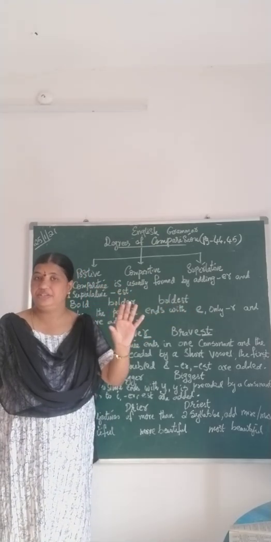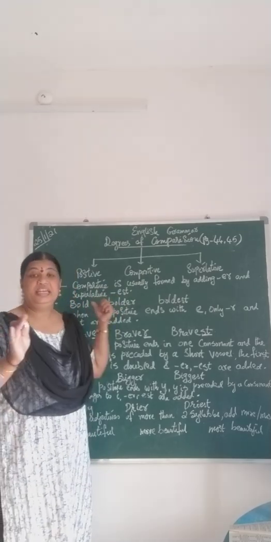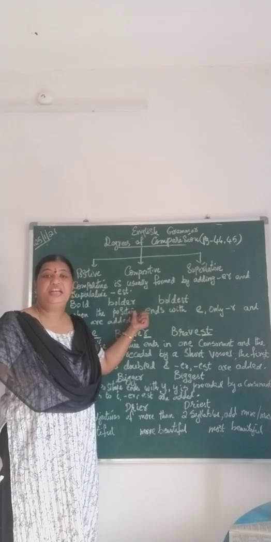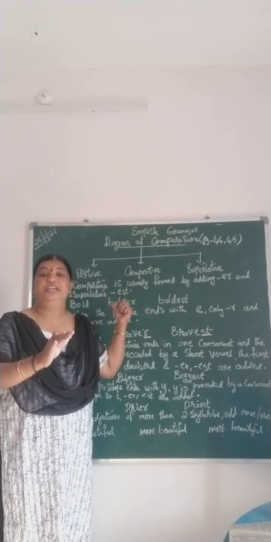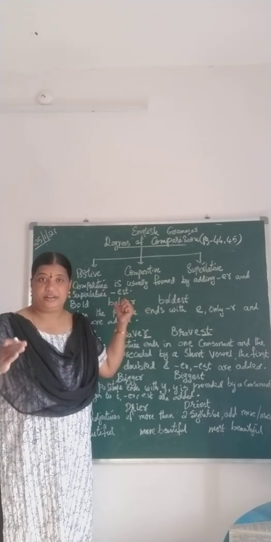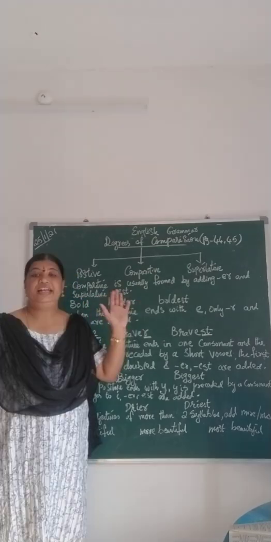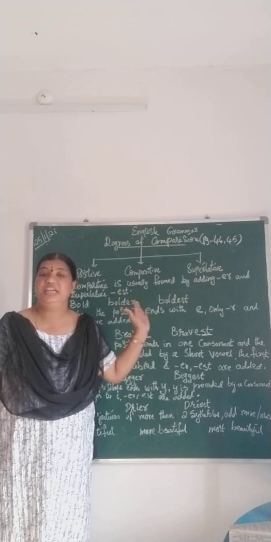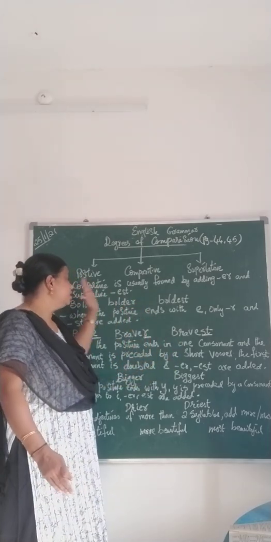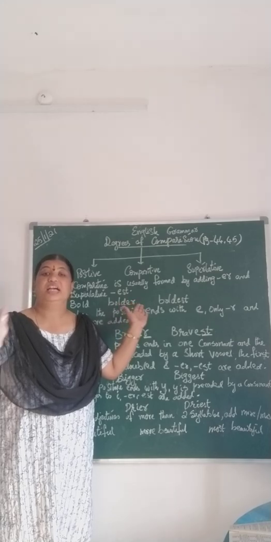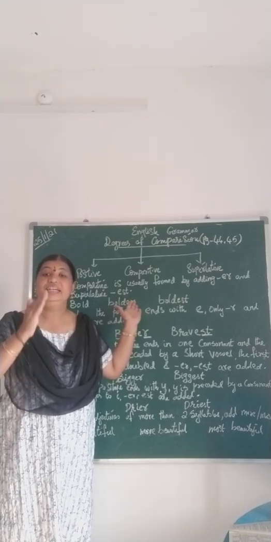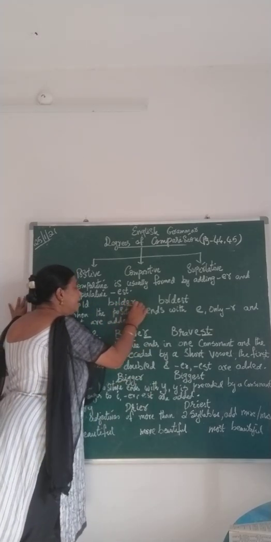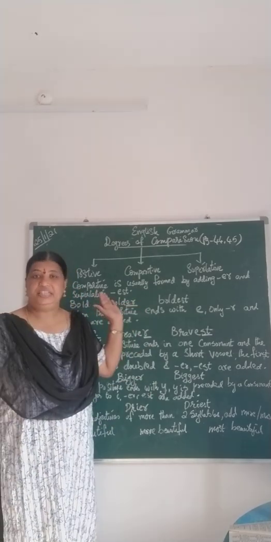Bold is an adjective, and this bold is in the positive form. Now when you get it into the comparative form, bold becomes bolder, B-O-L-D-E-R. You are adding ER to the adjective.